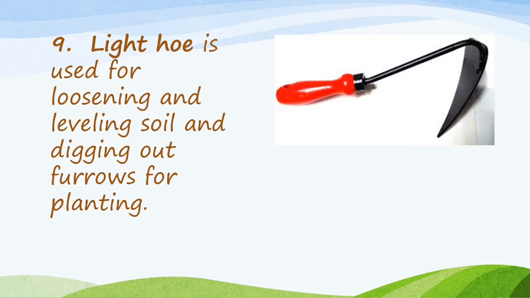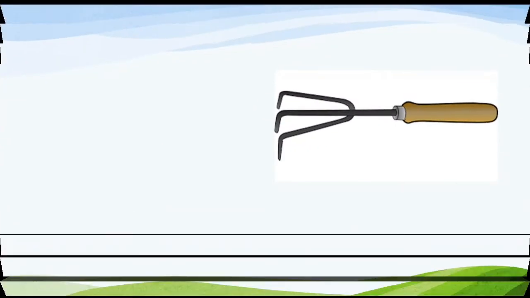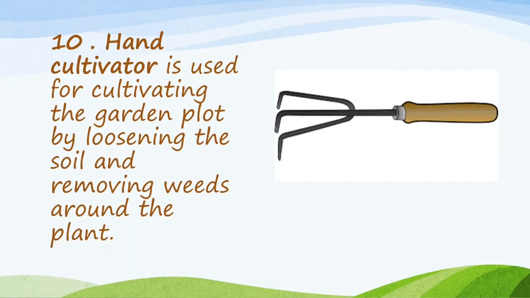Number 9, light hoe is used for loosening and leveling soil and digging out furrows for planting. Number 10, hand cultivator is used for cultivating the garden plot by loosening the soil and removing weeds around the plants.